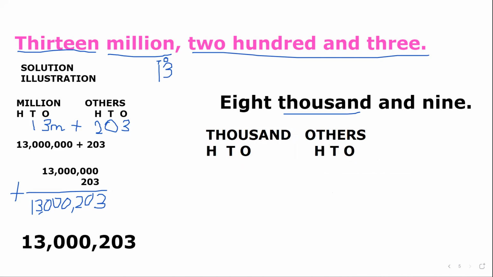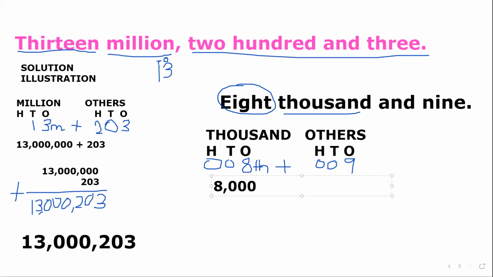Now with 1,000, let's record. This is 8,000. So it will fall under the ones. So here will be the 8. Okay. That is the 8,000. That is the symbol for 1,000. Plus 9. 9 also falls under the ones of others here. They didn't talk about the hundreds. Here the question didn't talk about the hundreds of thousands or the tens of thousands. Now we have our 8,000.